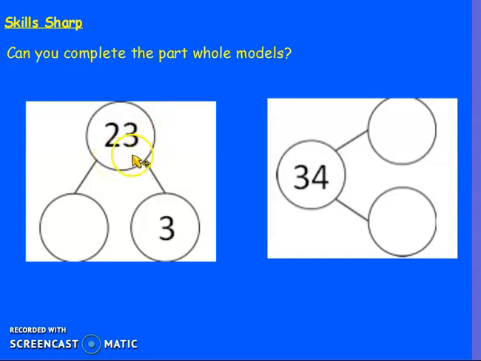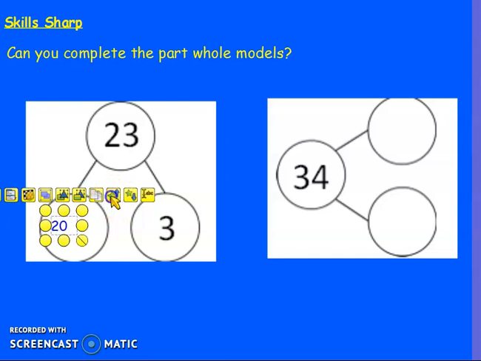We've got 23. One part of it is the 3 ones. So what's the other part going to be? What do we add to those 3 ones to get 23? That's right, 20. 20 add 3 equals 23.